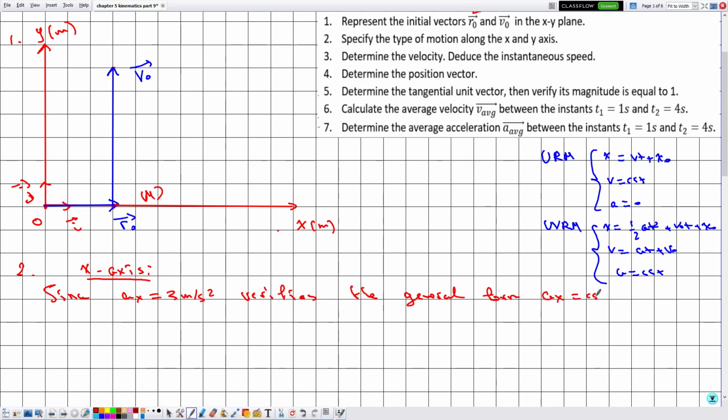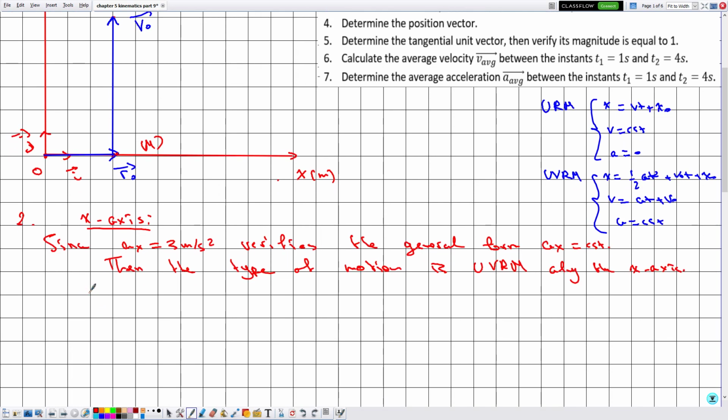A of x is equal to constant, then the type of motion is UVRM along the x-axis.